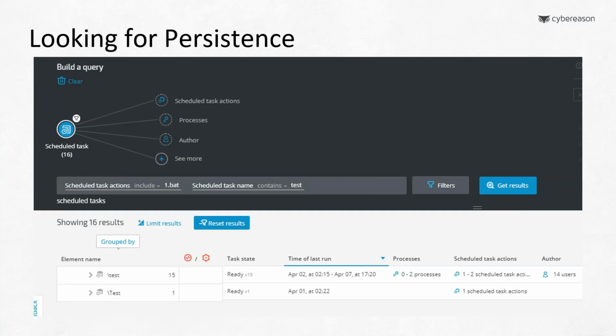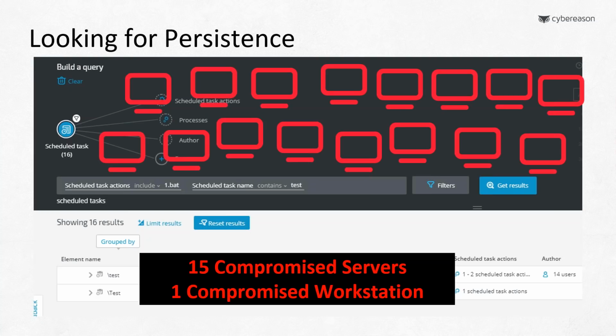And so we ran a query looking for scheduled tasks that are similar to the one that we found on the compromised machine. So we looked for scheduled tasks with a similar name and with a similar command line. And what we found was 16 compromised machines, 15 servers, and 1 workstation.